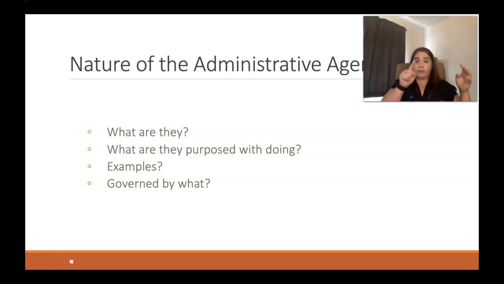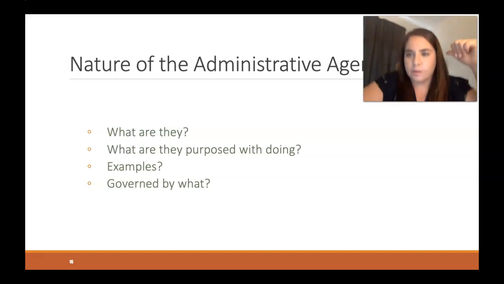Literally, a little government all to themselves. And we utilize administrative agencies because they typically have the knowledge about the thing that they're regulating way better than Joe Schmo, your congressman, right? The reality is that while our congressmen and women are typically very intelligent individuals, they don't know everything.